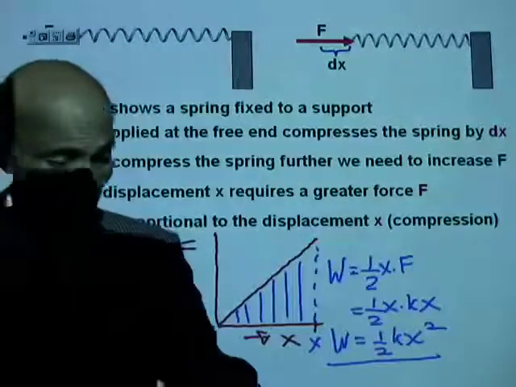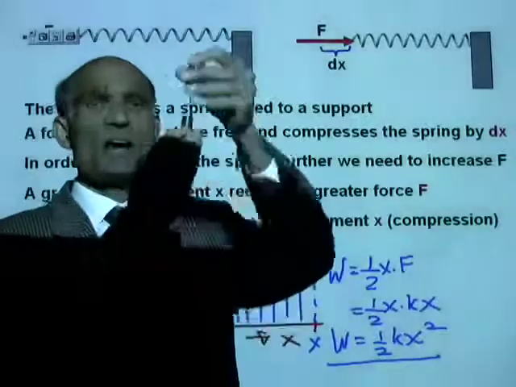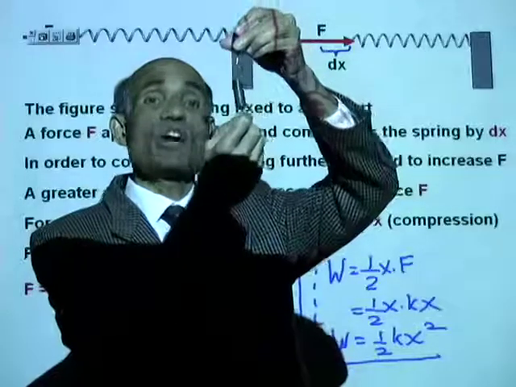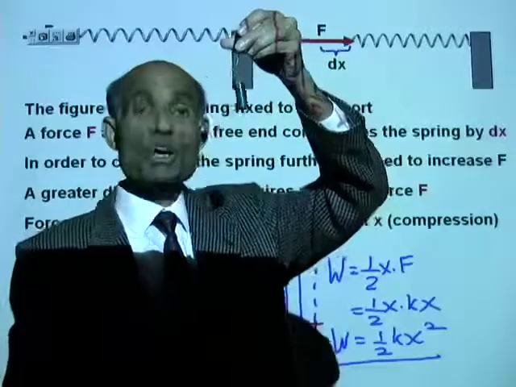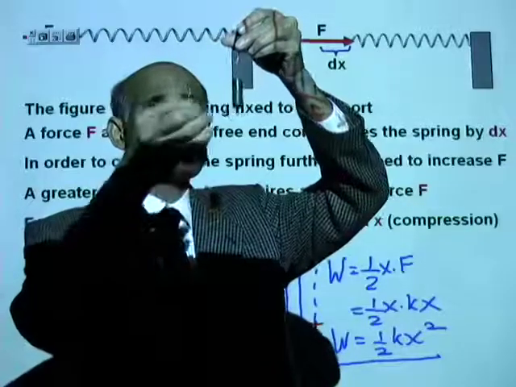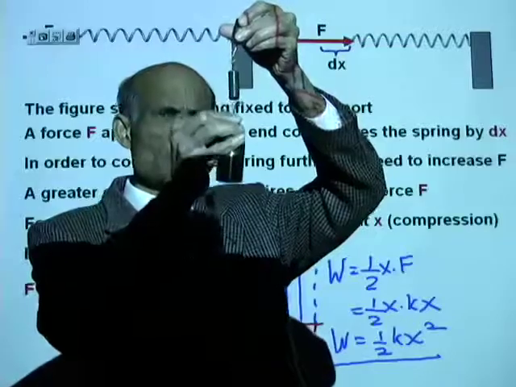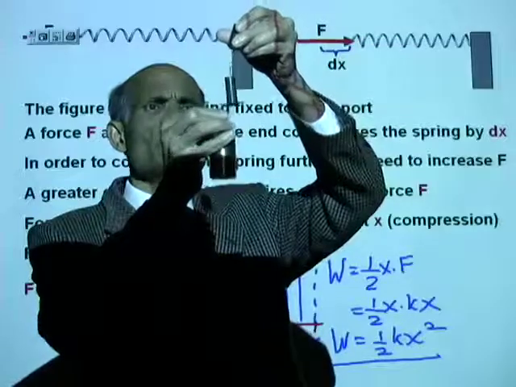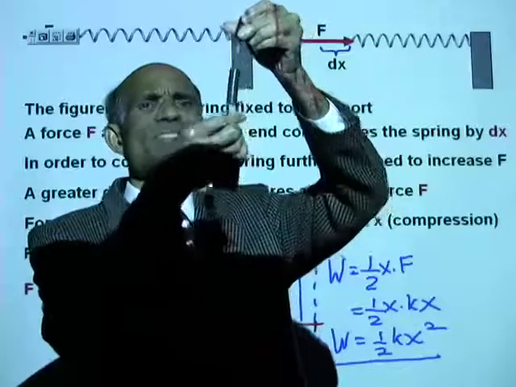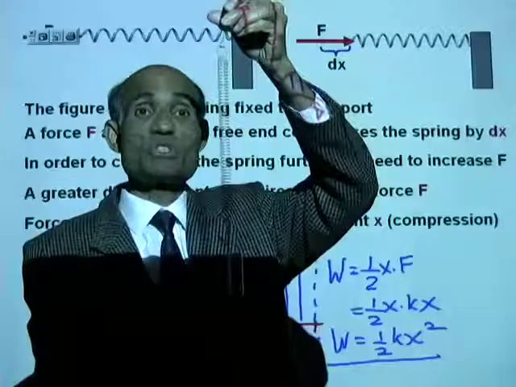Alright, so if I want to stretch this spring, now this is the length of the spring when it is not applied any external force. If I now apply a force on it, I'm going to stretch this by suspending this weight from there. Now tell me, what is the stretching force if I suspend this mass? The stretching force will be mg.